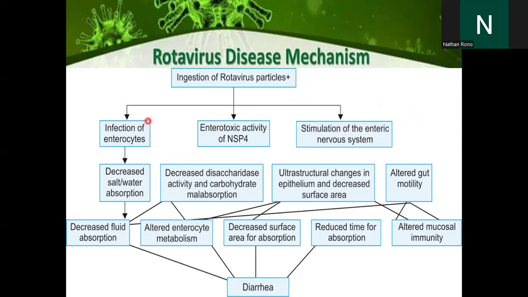Sucrase, which breaks down sucrose, maltase, which breaks down maltose, lactase, which breaks down lactose. And when this happens, these sugars accumulate inside the lumen, causing them to draw water into the lumen, leading to diarrhea. Do you remember that?